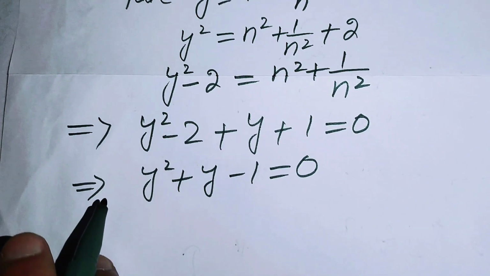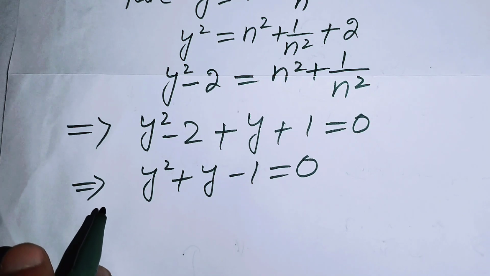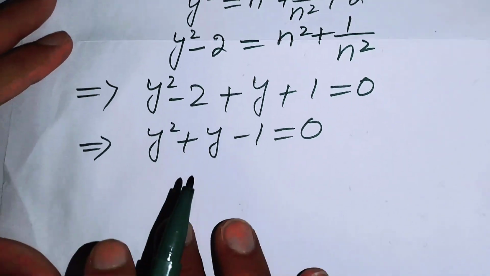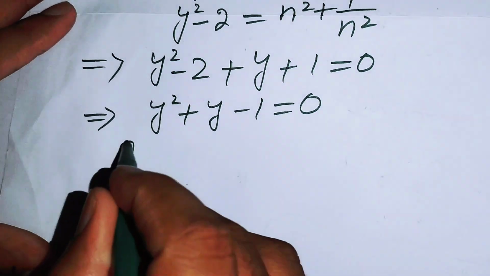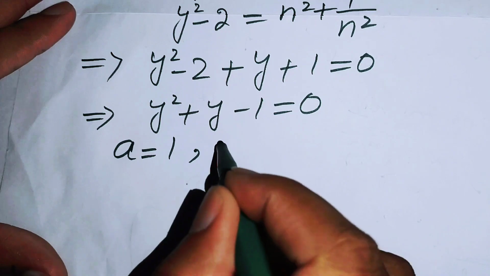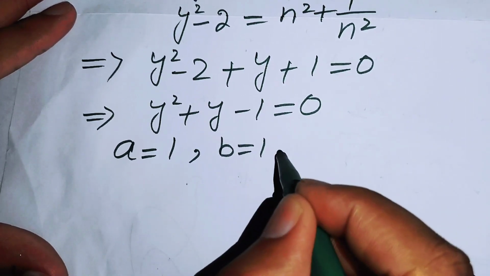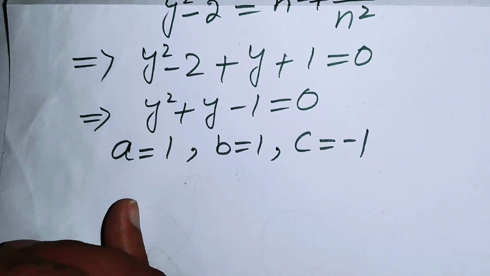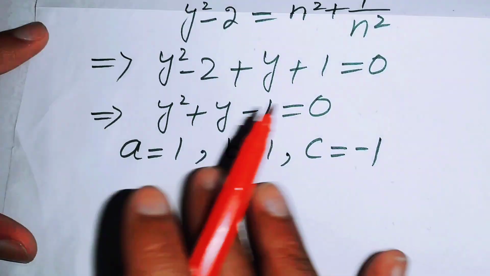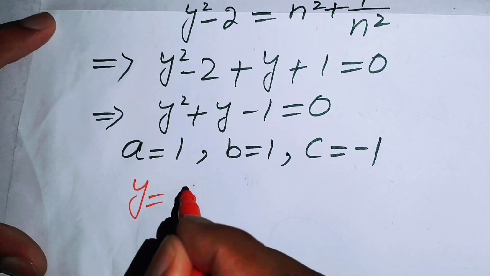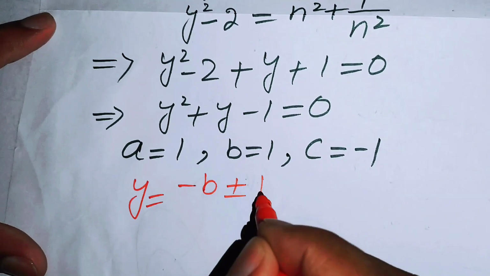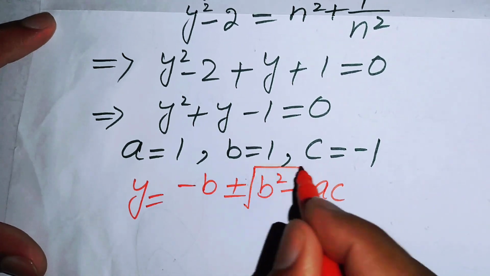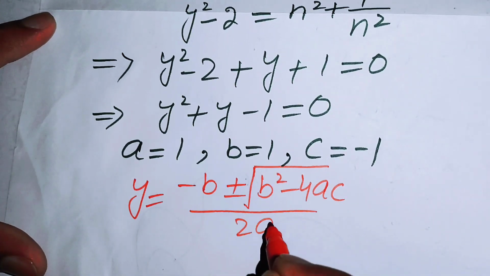And now we can factor this equation, or you can apply the quadratic formula here. So now I can apply the quadratic formula, and here you have a equals 1, b equals 1, and c equals minus 1, and our quadratic formula is y equals minus b plus minus square root of b squared minus 4ac, over 2a.